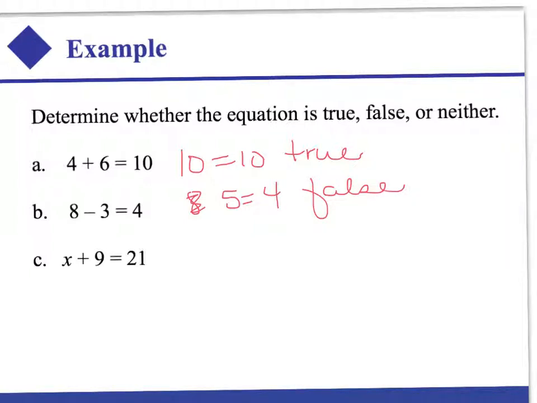And then x plus 9 equals 21. It's neither, because we don't have an answer to this one yet. We don't know what x is. It's just an unknown number until we're told differently.